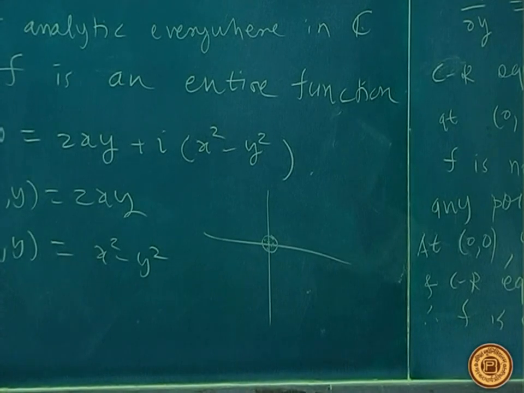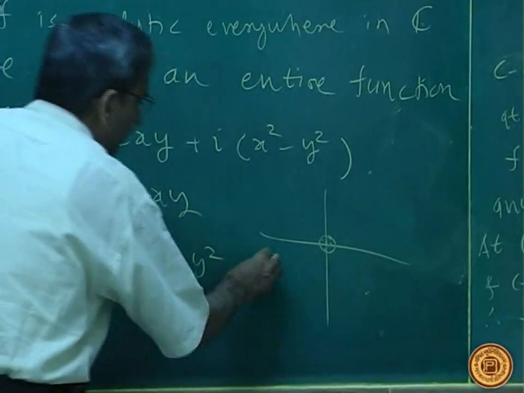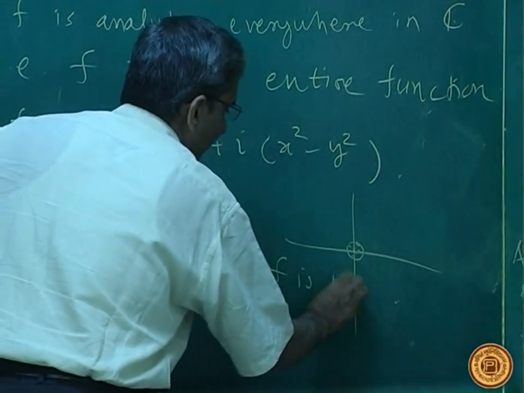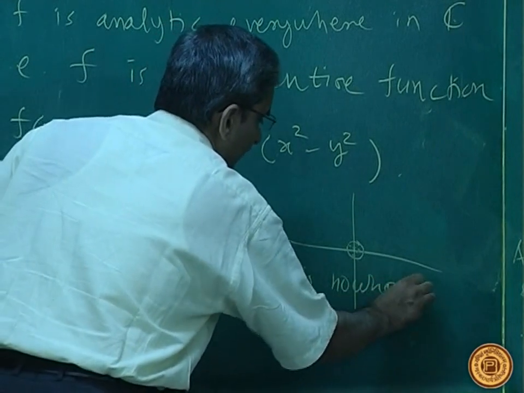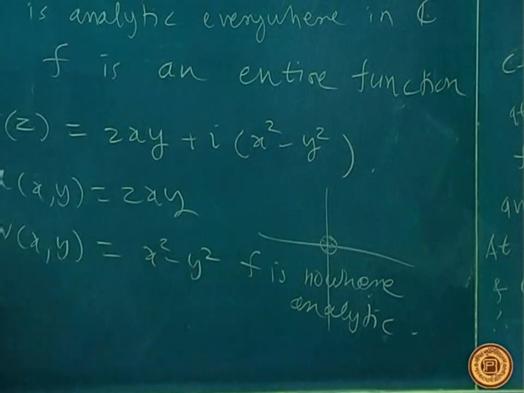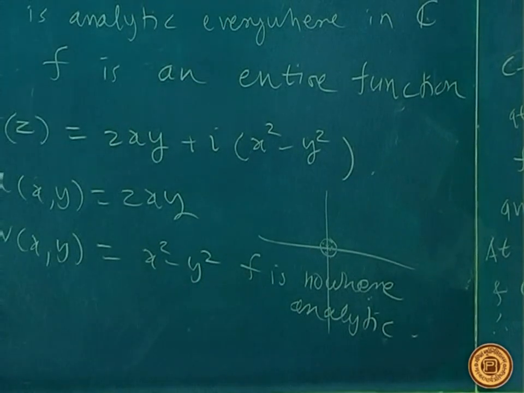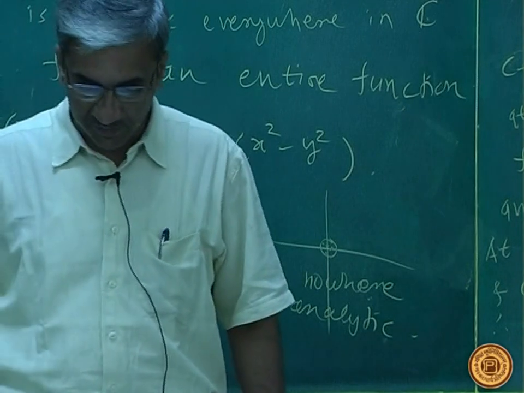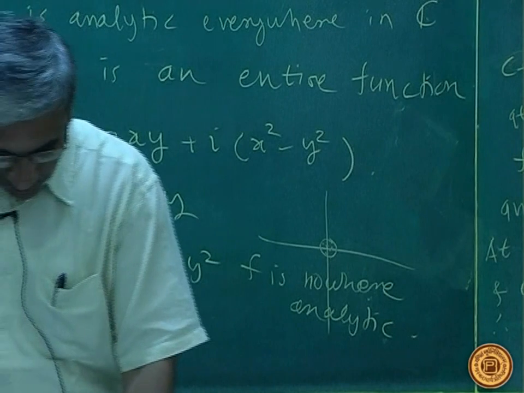There is at least some neighborhood, however small, such that f is differentiable at every point, which is not true. So f is nowhere analytic.